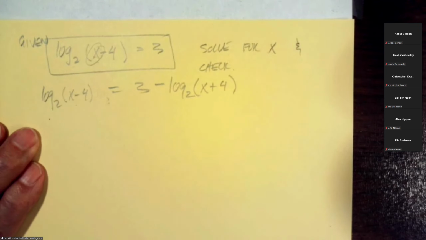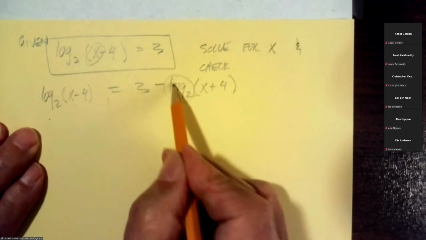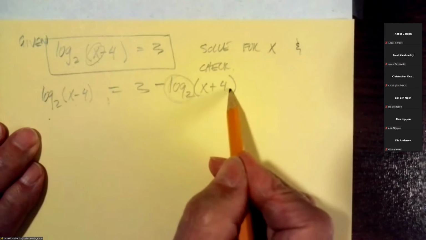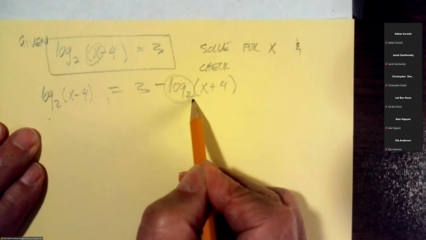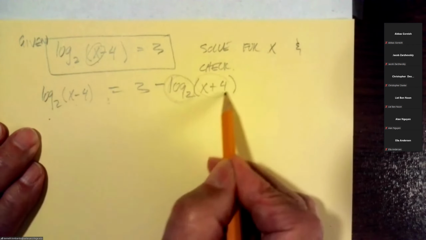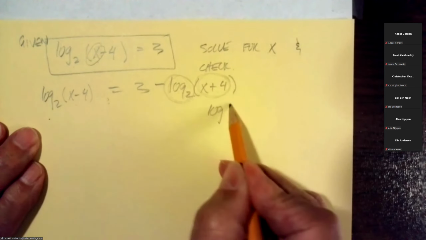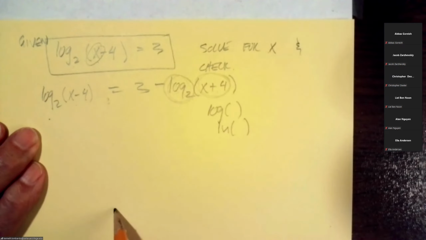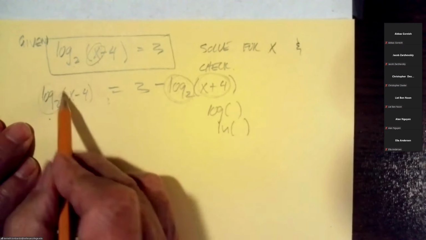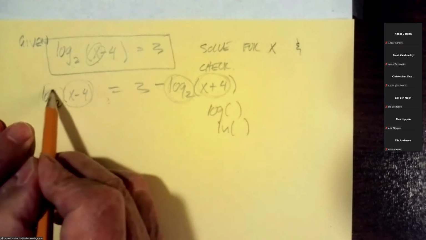Now keep in mind, log is a function. When you say log base 2, it's not times x plus 4. It's the log, using base 2, of this value here. Log on your calculator is a function. Ln on your calculator is a function. So this is not a multiply. Everybody wants to make sure you understand that.